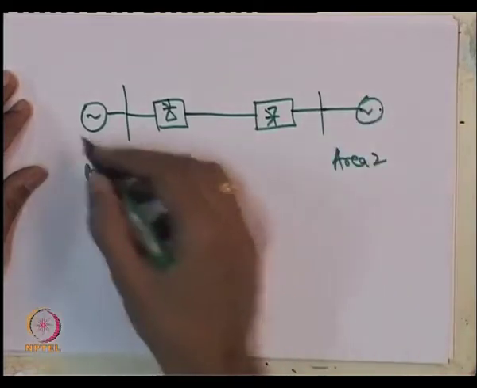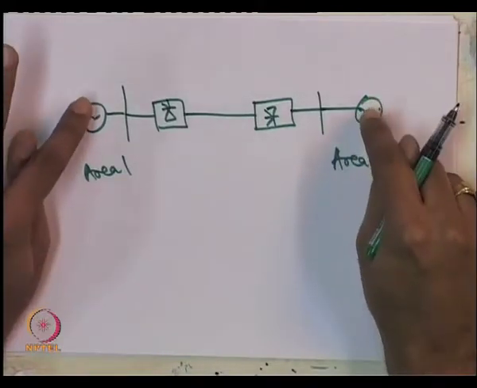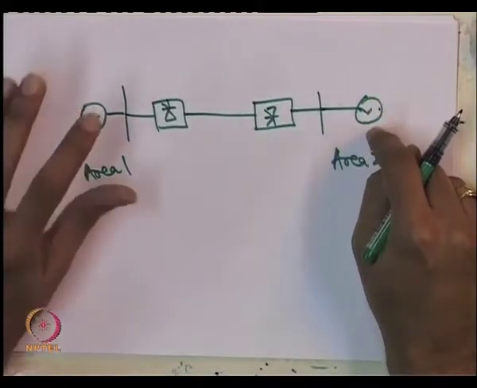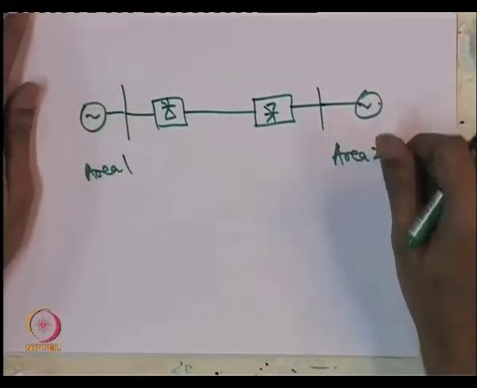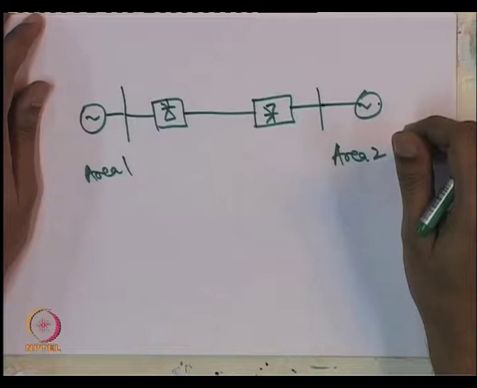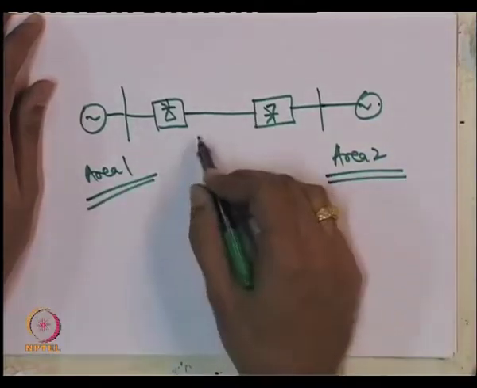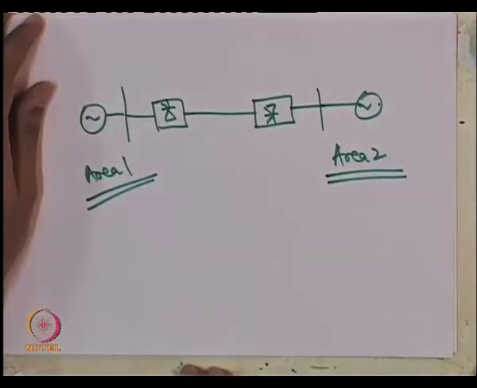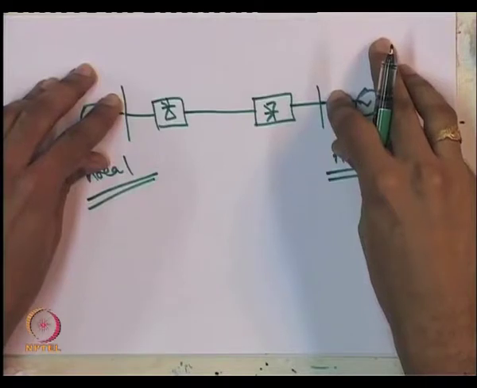Okay. So, if somebody asks you the question, how do I improve the relative angular stability between machines in this area and this area? Okay. What would your answer be? The thing is that if this area 1 and area 2 are connected by a DC link, okay, the frequency and rotor angle here could be absolutely independent of each other. Okay.